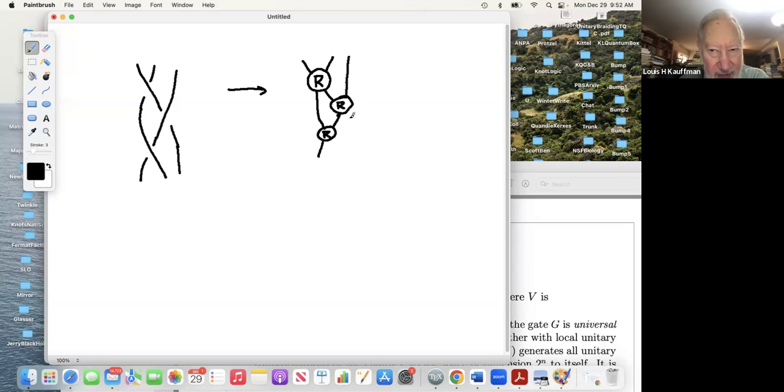And if R satisfies the Yang-Baxter equation, then this algebraic entity, which we could box up and call U, would be a little quantum computer, which takes an input here and outputs here, and you would measure here, and it would be a representation of the braid group. And so you could, if it was only the R's, get representations of the braid group involving the universal quantum gate.